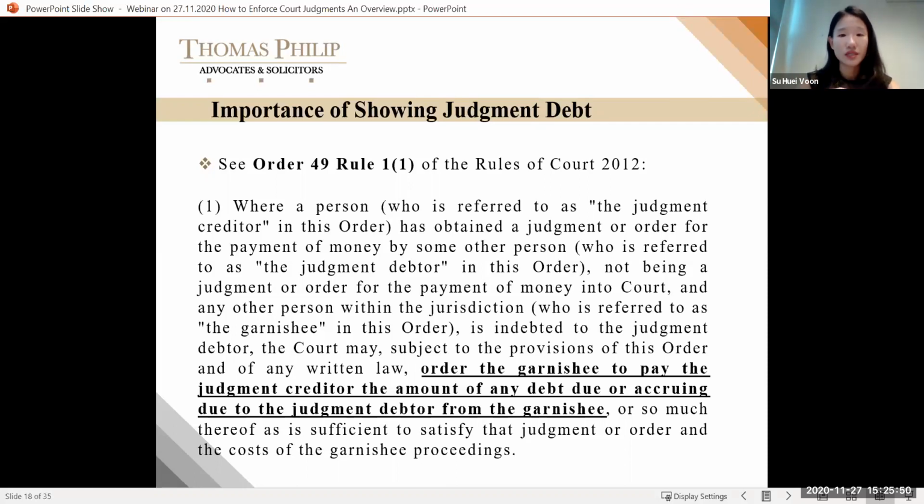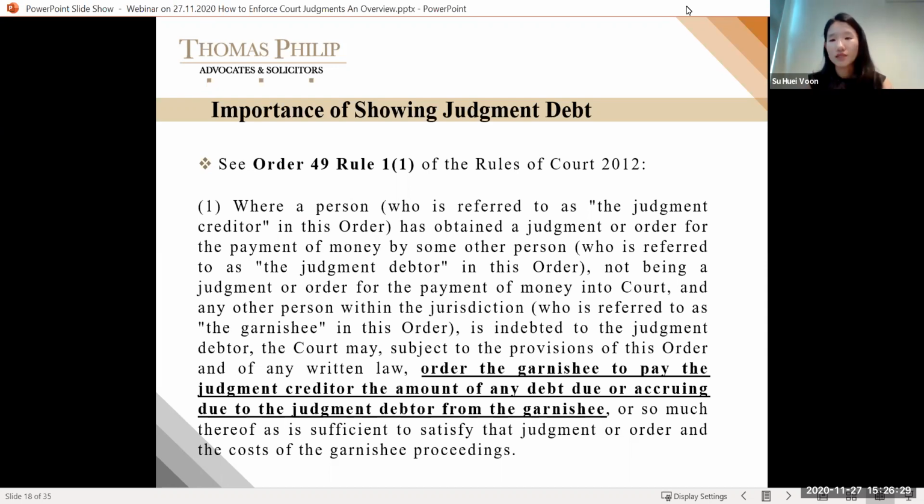So where a person who has obtained a judgment is essentially for the payment of money by some other person, the judgment debtor, not being a judgment or order for the payment of money into court, and any other person within the jurisdiction is indebted to the judgment debtor, the court can, subject to any written law, order the Garnishee, the third party, to pay the judgment creditor the amount of any debt that is due or accruing due to the judgment debtor from the Garnishee.